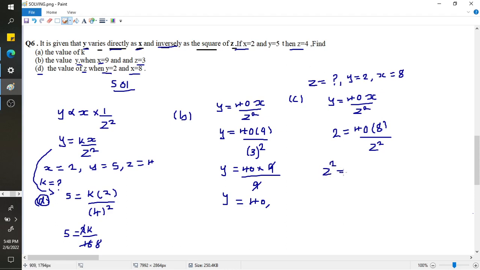That's z squared is equal to, so we have 40, right? So we have 40 multiplied by 8, and there we divide by 2. So look at this. We can divide 2 into 8 so that we get 4, right?